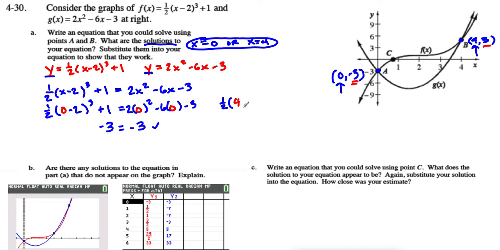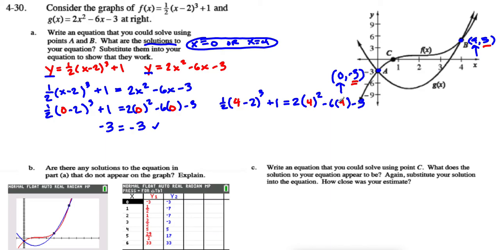We have 1/2 times (4 minus 2) to the third plus 1. That should equal 2 times our 4 squared, minus 6 times our 4, and we're subtracting 3 at the end.